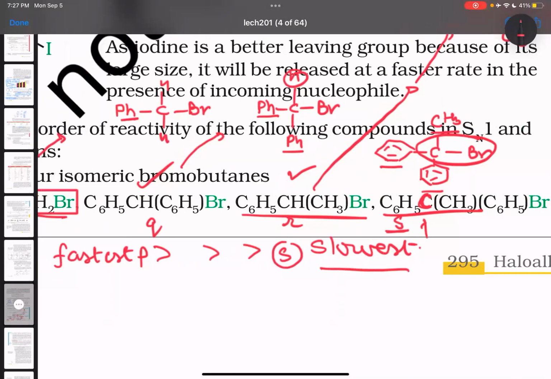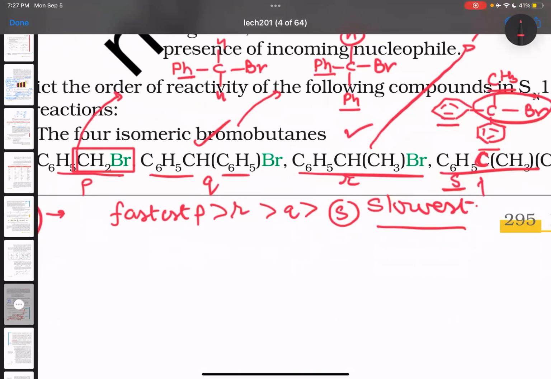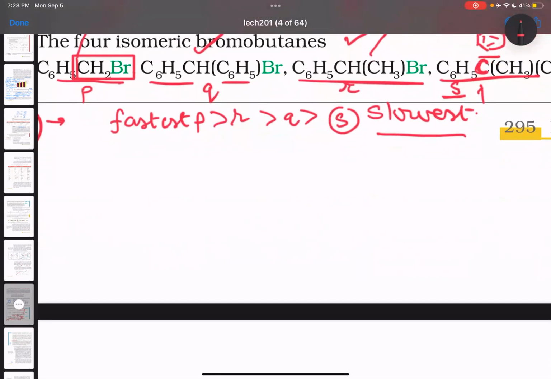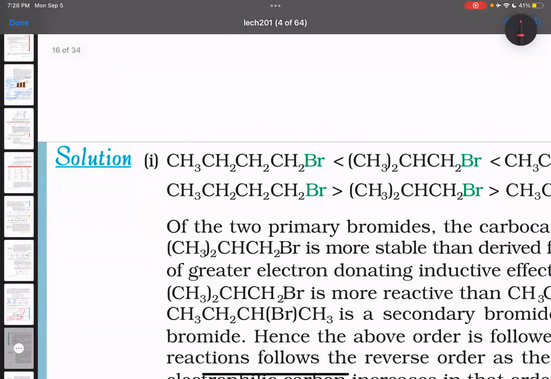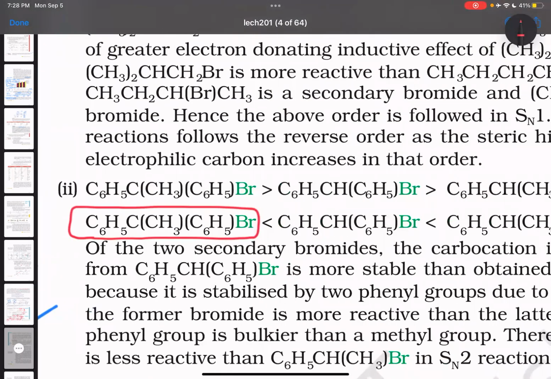And between Q and R, you have two phenyl groups and you have a methyl group. So Q is more bulky and R is going to be quicker. Is it clear to everyone? Look here. So this is slower. Why?